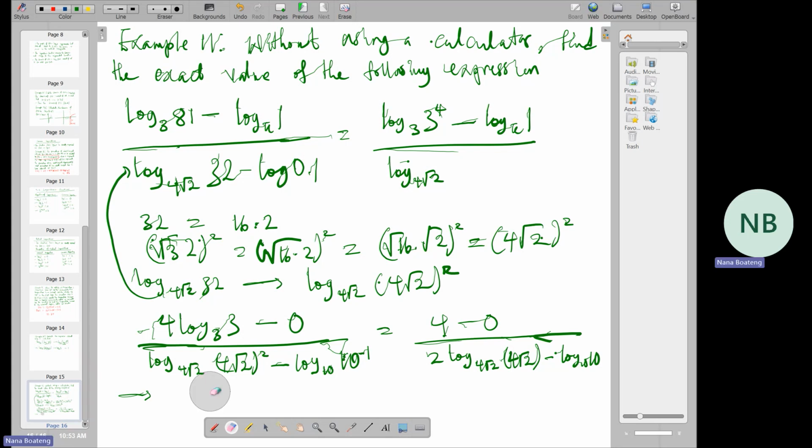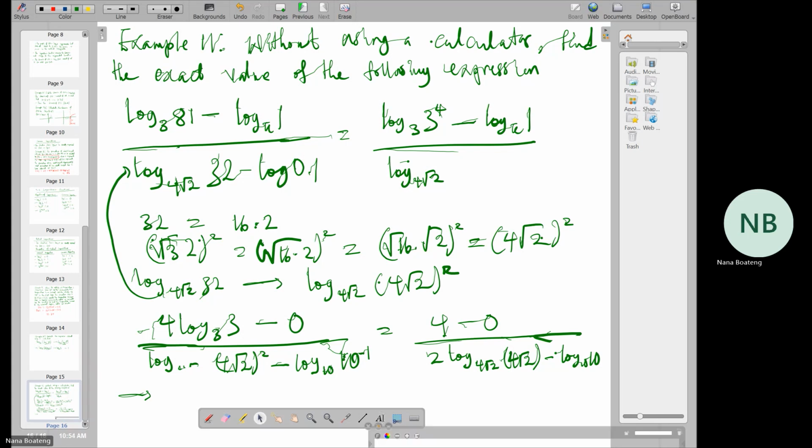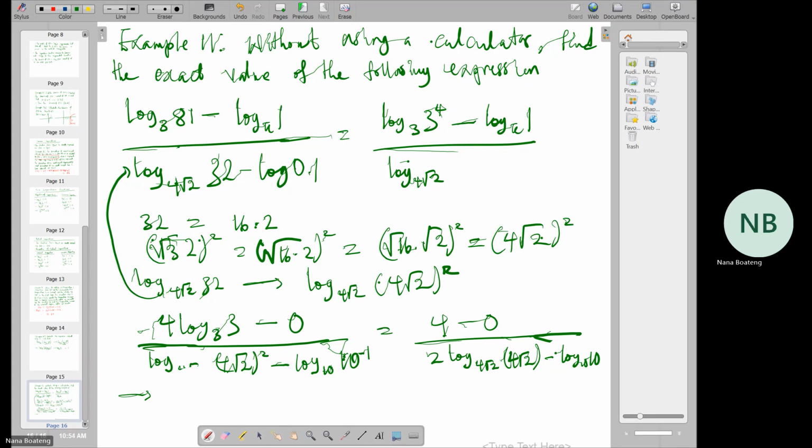This becomes 4 divided by 2 minus... so there was a negative here already.